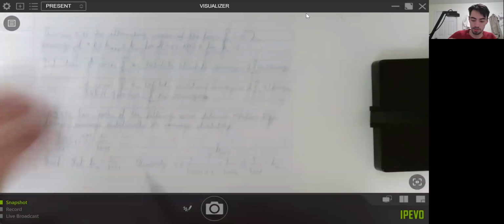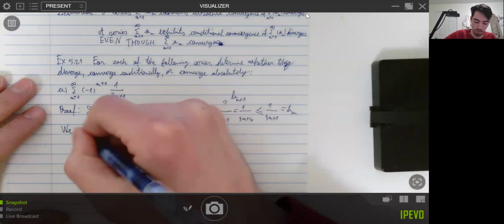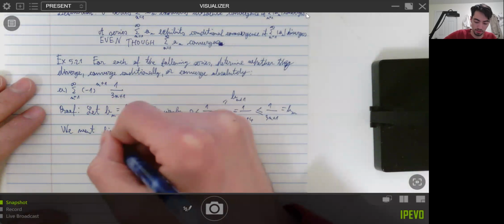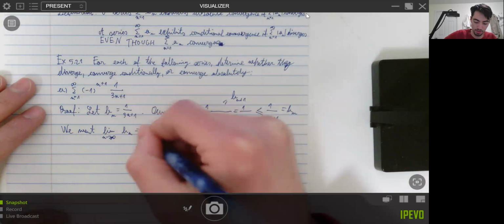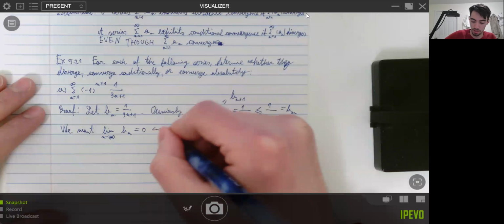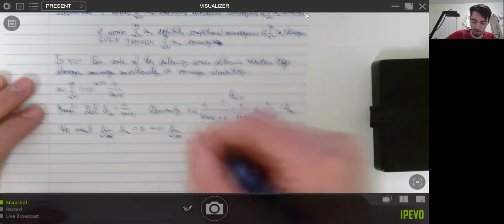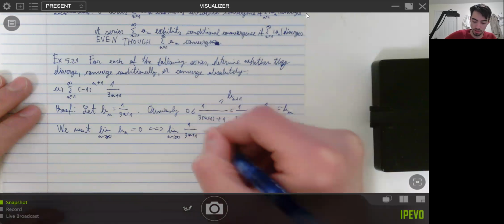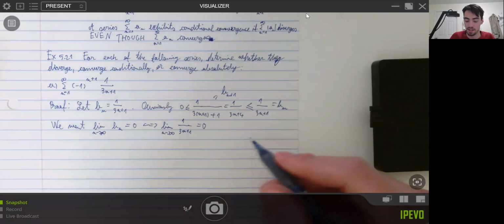Now, we also need to prove that the limit as n goes to infinity of bn goes to 0. Well, this is equivalent to showing that the limit as n goes to infinity of 1 over 3n+1 is equal to 0. But this is very easy. We all know this from Calc 1.